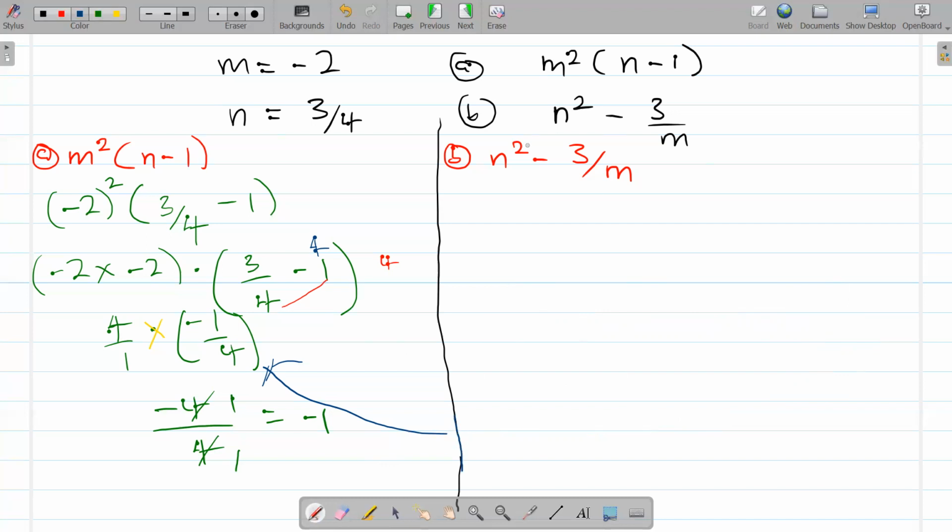So this is n squared minus 3 over n. How do you do this? I think it's going to be the same procedure, but I don't know the value for the m. Oh, you know the value for the n. The value for m is given as -2. Okay. Let me try this one then. Yes, and the value for n is 3 over 4.